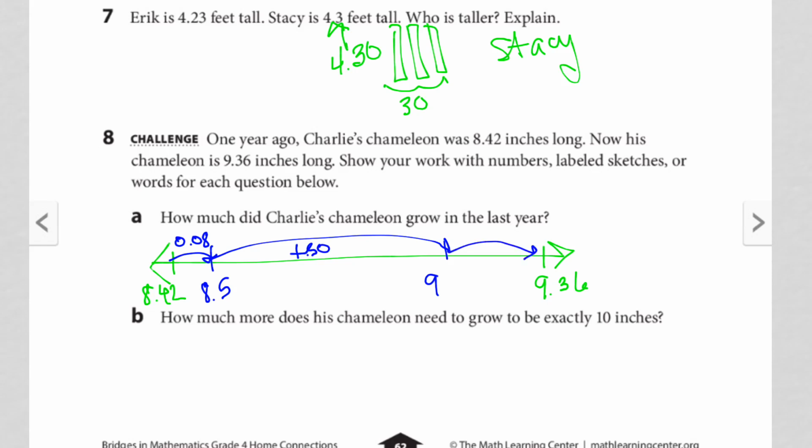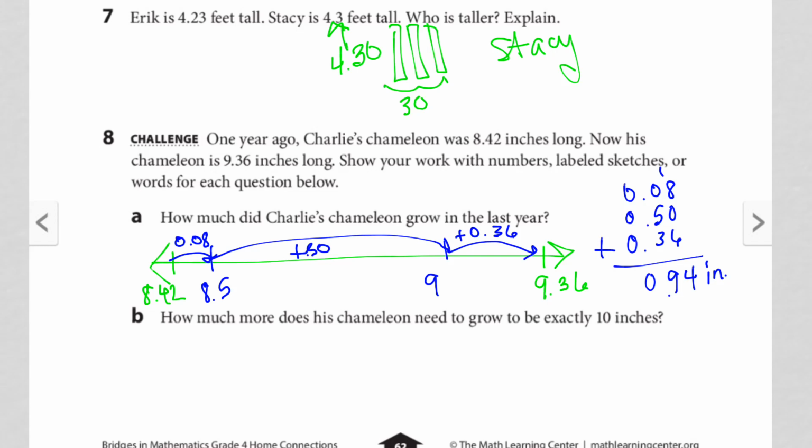And then we know we're going to add that 36 hundredths. So then we just add them all together: 8 hundredths, 50 hundredths, 36 hundredths. And we add them up just like we would add up anything else that we do. So how much did he grow? He grew 94 hundredths inches.